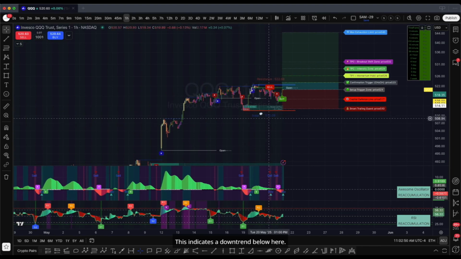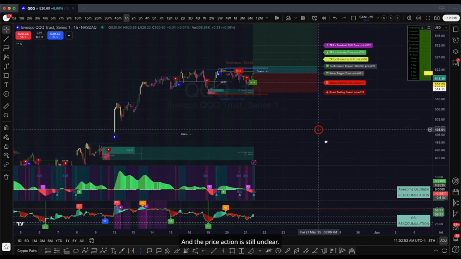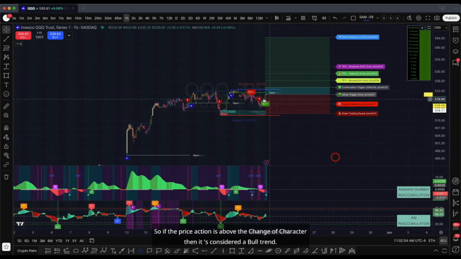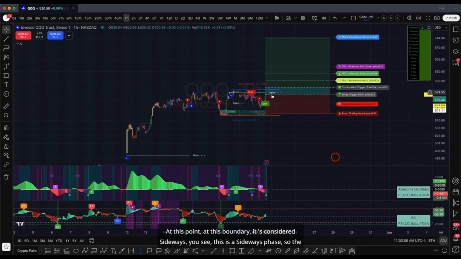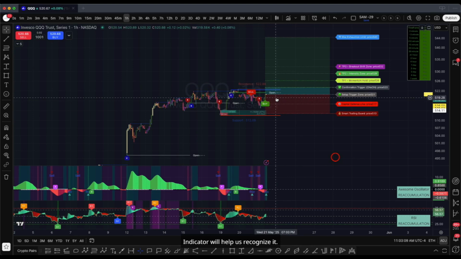This indicates a downtrend below here, and the price action is still unclear. So if the price action is above the change of character, then it's considered a bull trend. At this boundary is considered sideways. You see, this is a sideways phase. So the indicator will help us recognize it.